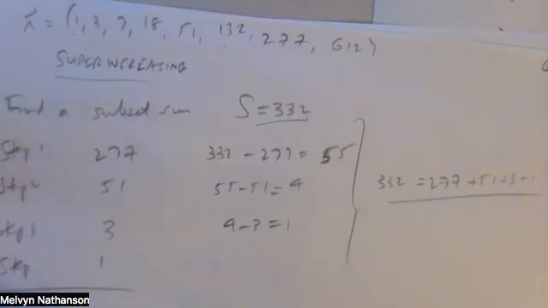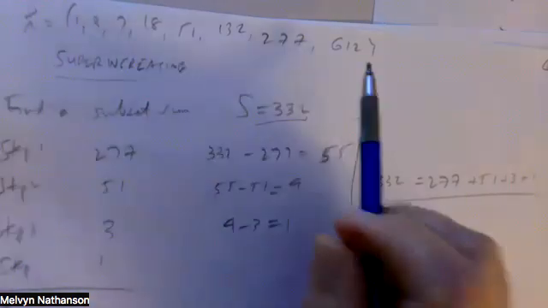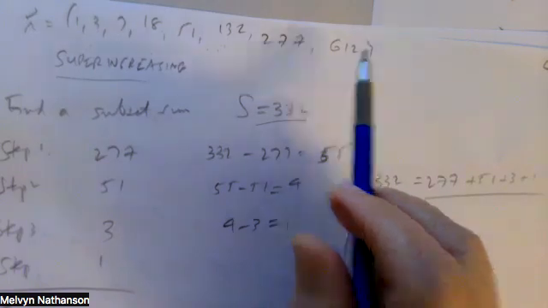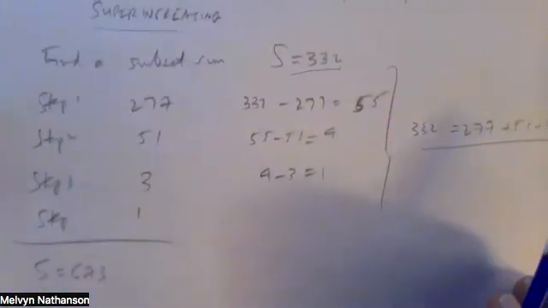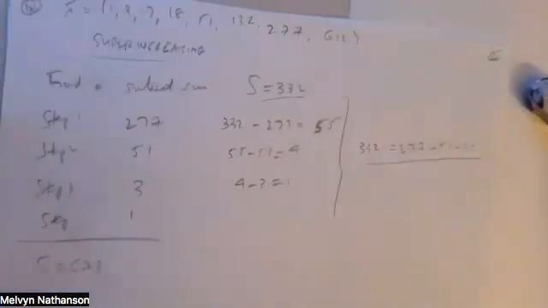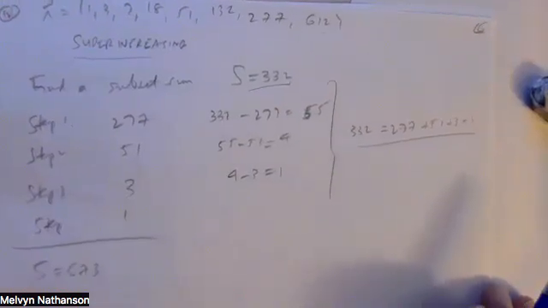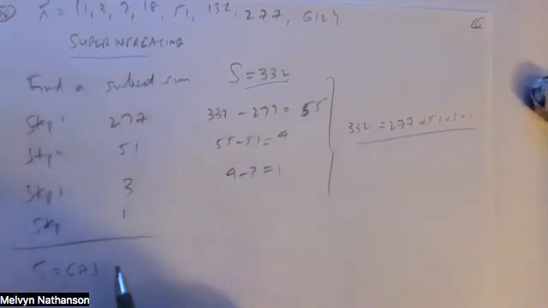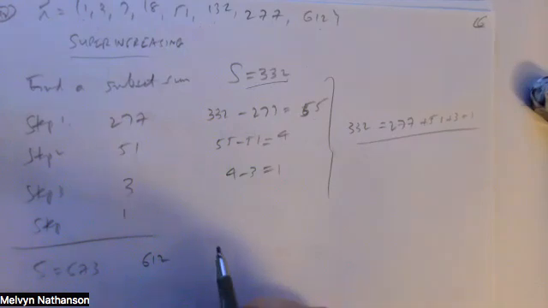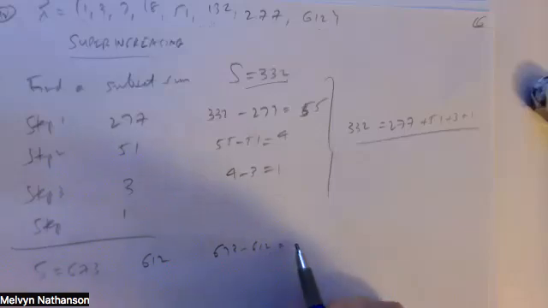What about if we take S equal to 673? The largest number less than 673 is 612. 673 minus 612 is 61.